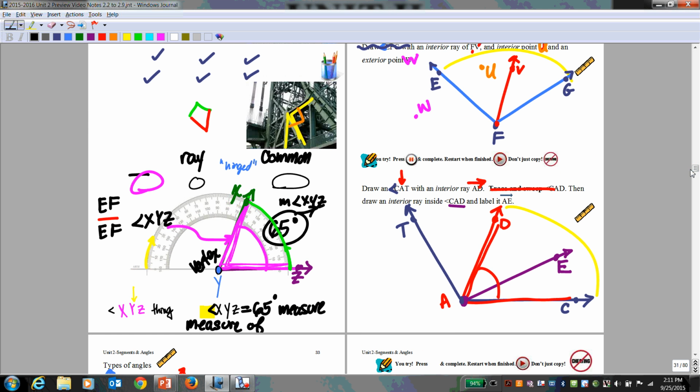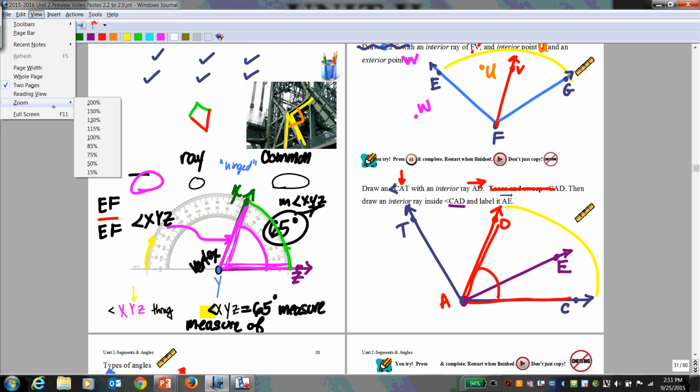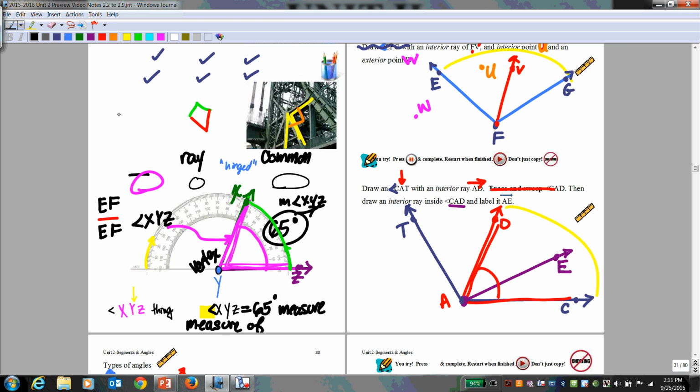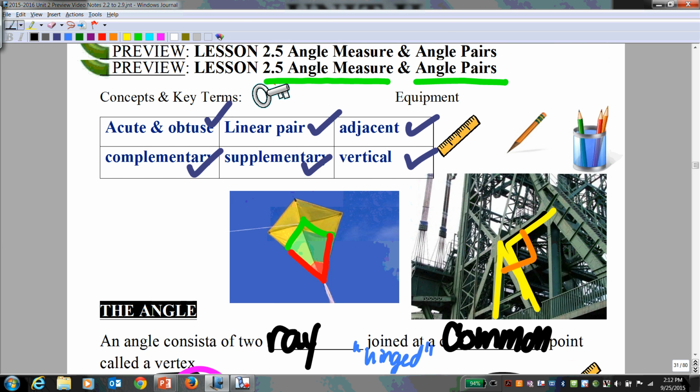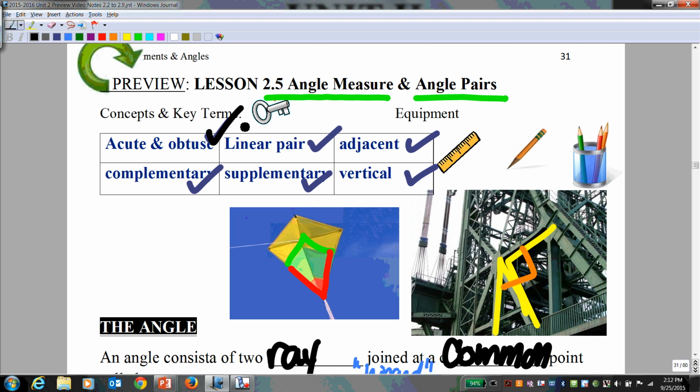I recommend you go back to this vocab box here and make sure that you can verbally explain and draw a diagram of each of these 6.